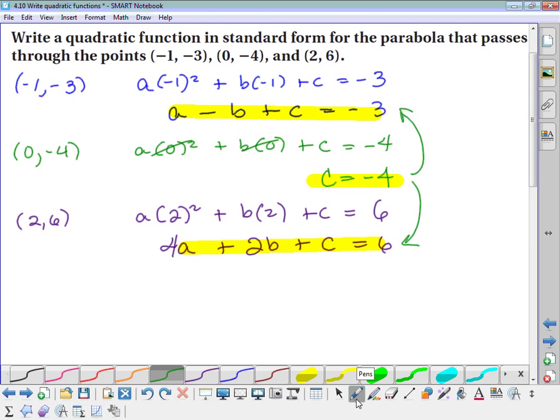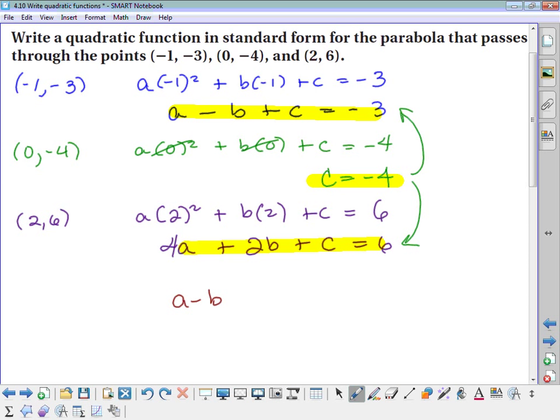So if I put it into the top one there, I get a minus b plus negative 4 equals negative 3. So if we add the 4 to both sides, I get a minus b is equal to 1. And then I'm going to put it into the 4a plus 2b equation.